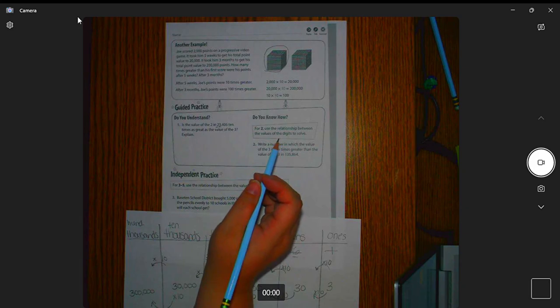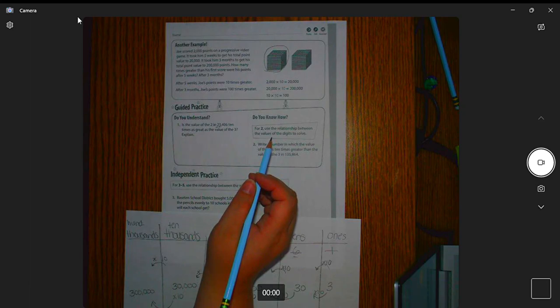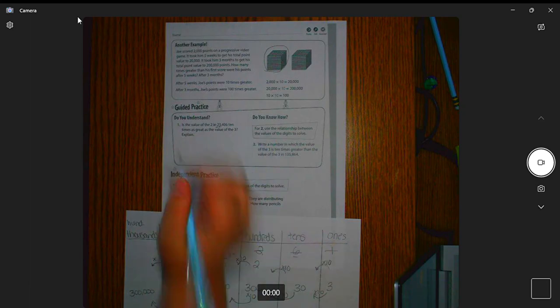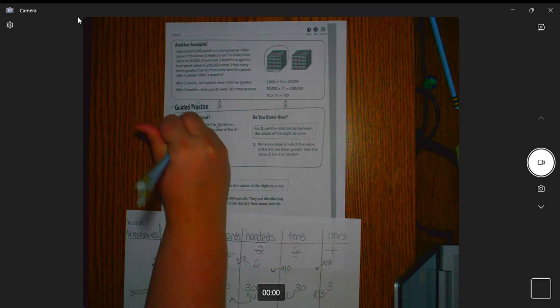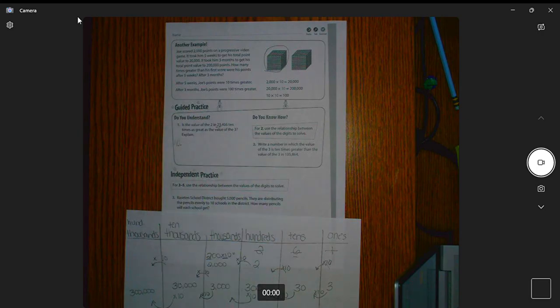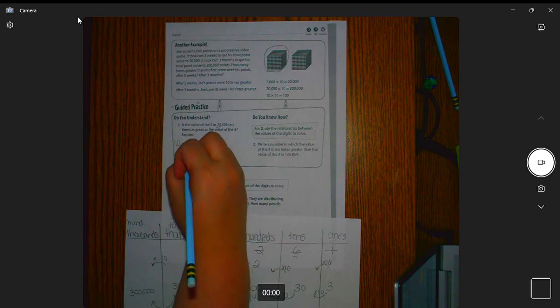Well, if I'm looking for value, I have to have the same number. So my answer would be a no. But why is it a no? Because it's not the same number. It's not the same digit.